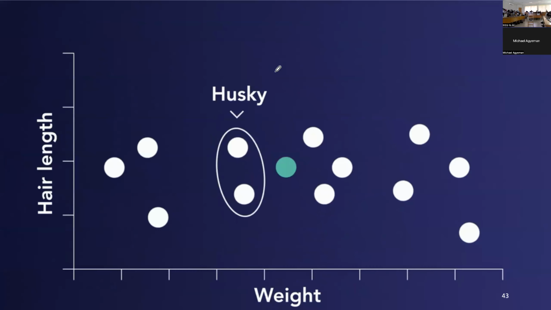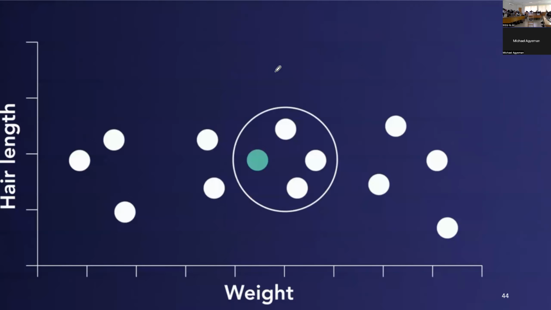Good. So we say 2 of them are Huskies. In that sense, we can say we have more confidence, because most of the neighbors are German Shepherds, that it is a German Shepherd instead of a Husky. So basically, that is how K-nearest neighbor works. It is a very common and powerful machine learning algorithm, mainly because you can use it to sort out a lot of things beyond dogs.